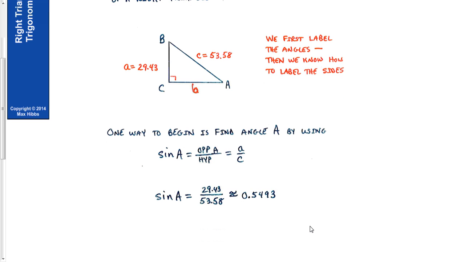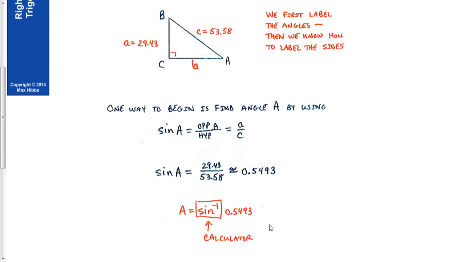Well, what do we do next? That doesn't tell us what A is. Here's where we re-enter the idea of inverse trig functions. The angle A is the inverse sine of this result, which is an approximation, because after all, if I take the sine of A, I'm supposed to get this number.